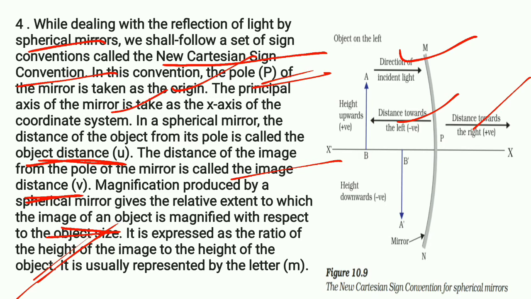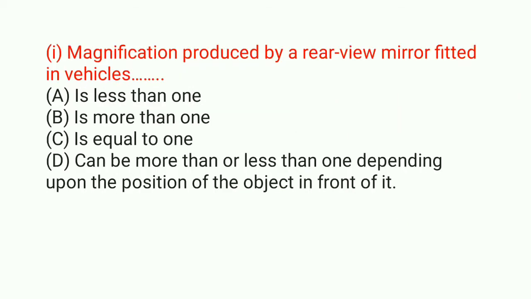The distances above the principal axis are taken as positive, and the distances below the principal axis are taken as negative. So this is the detailed paragraph information we have. Based on this paragraph, we have a number of questions, so let's solve them.